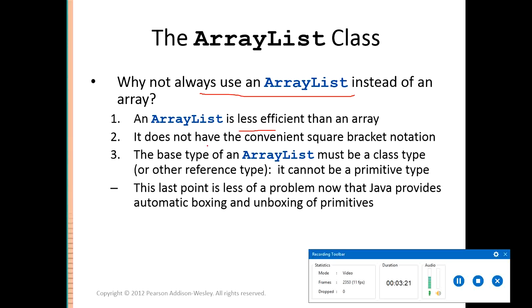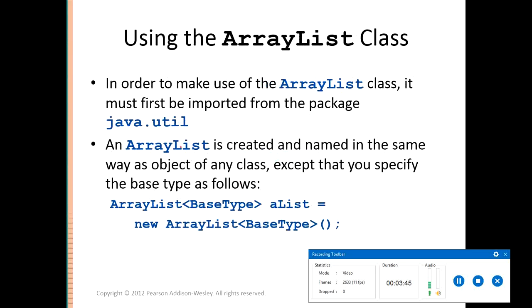It does not have the convenient square bracket notation. We have a different notation to declare and to traverse through it. And the base type of the ArrayList must be a class type. It cannot be a primitive type. And the last point, which is not a problem, is that Java sometimes provides automatic boxing and unboxing of the primitives.